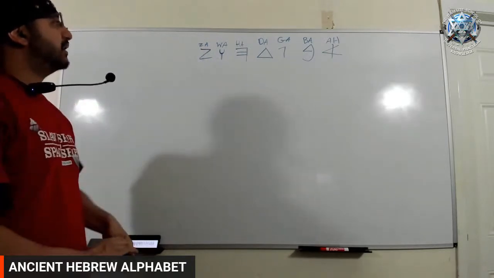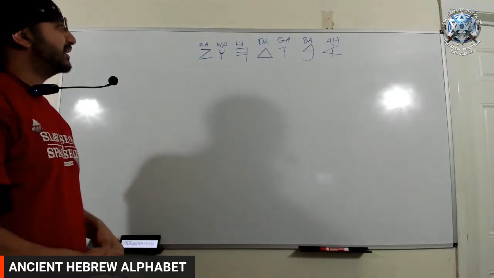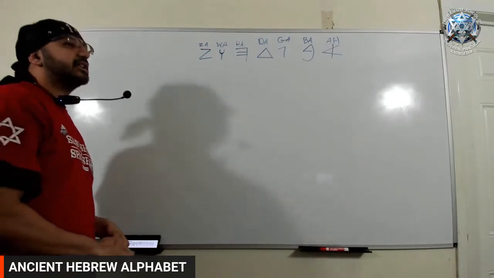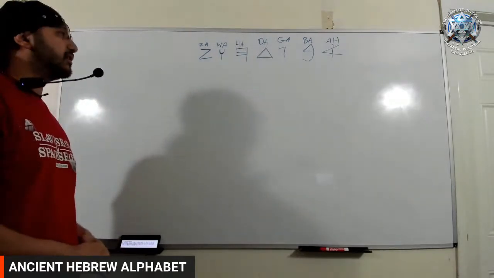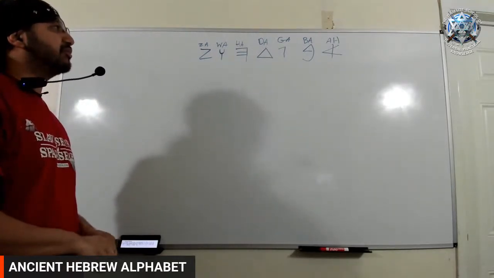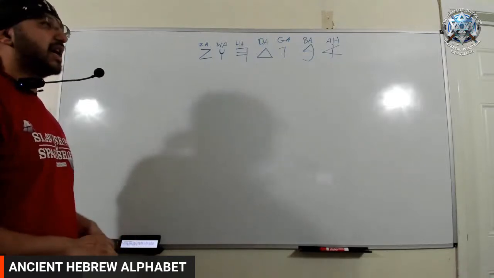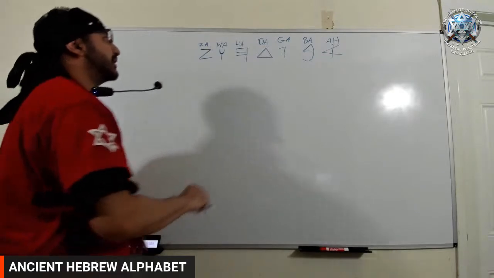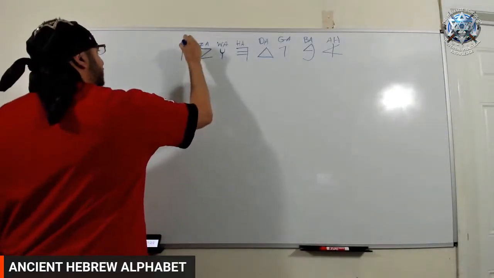So za is one of those letters that has a good zing to it. You know what I mean? Obviously, all the different letters in Hebrew are going to be pronounced with a strong pronunciation. Za is definitely one that has no exception. Za. Ha.